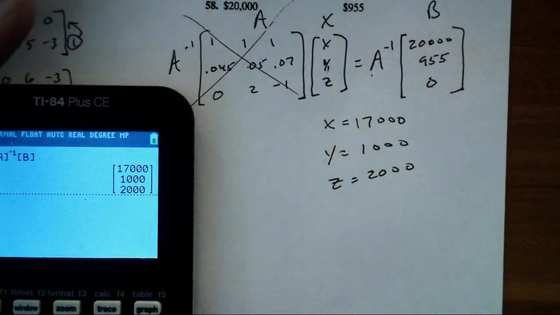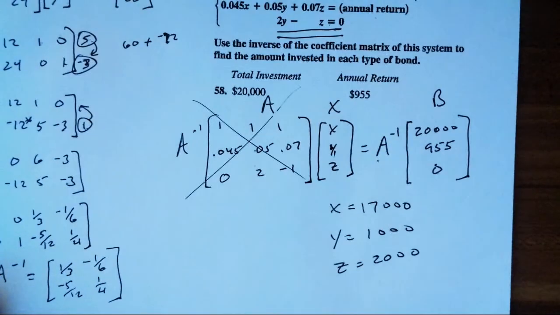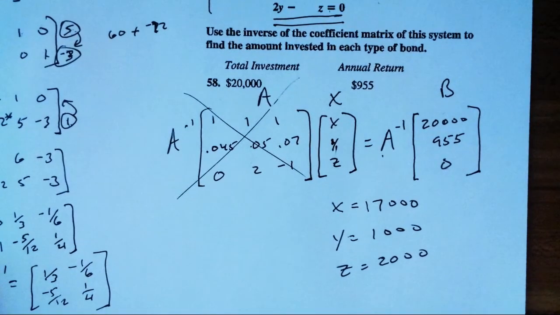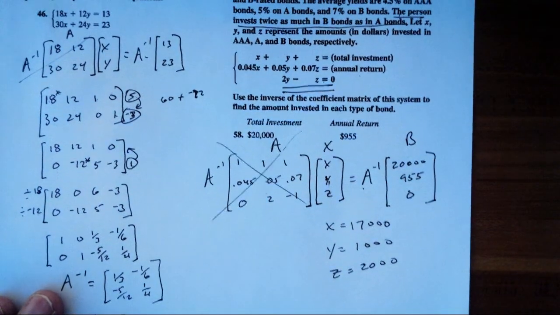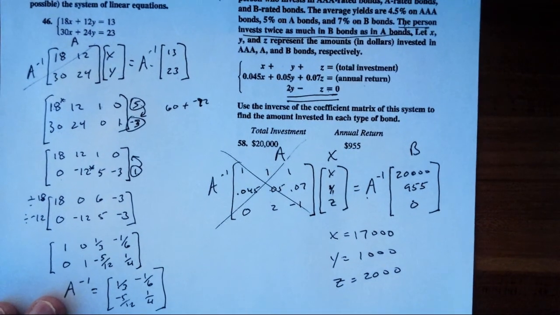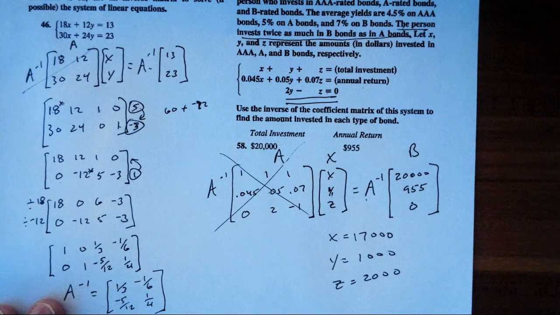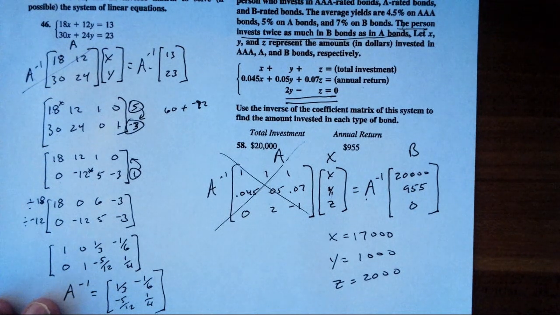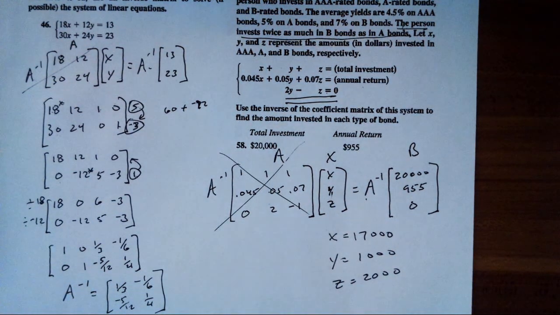How would we rate that investment? As risky or safe? Well, we've got 17, the huge majority of our money is in the AAAs at 4.5. That's a pretty safe investment. We could probably make more. So then as the consultant, I might say, are you certain that maybe you don't want to take a look at creating a bigger income?